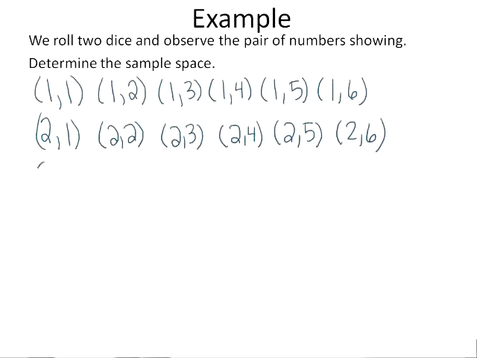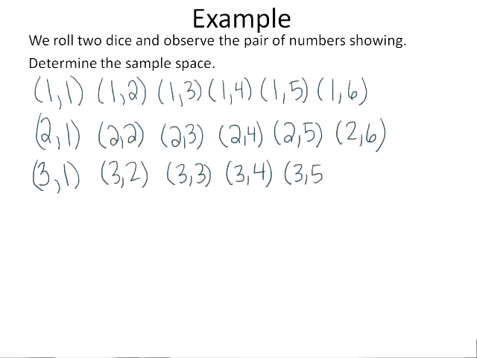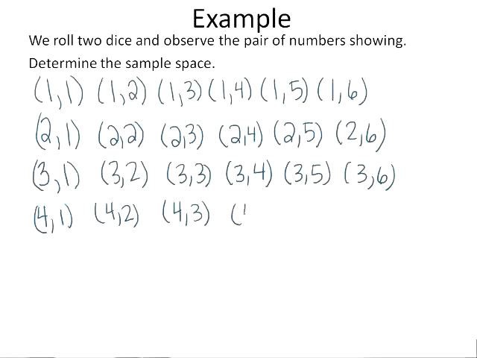For our next row, we could have an outcome of 3 on the first die, and that's what will stay common to all of the ordered pairs on this row. So all of these ordered pairs have an outcome of 3 on the first die. Then we could have an outcome of 4 on the first die. Or an outcome of 5 on the first die.